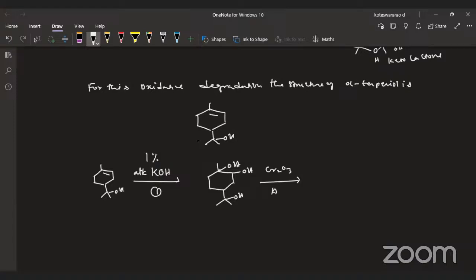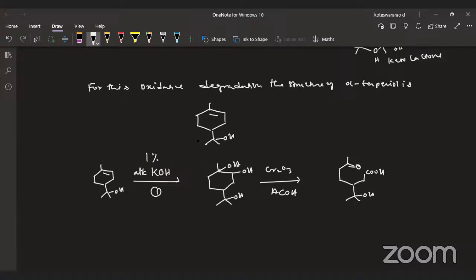in acetic acid. That leads to the formation of this. Right. This is the keto hydroxy carboxylic acid.